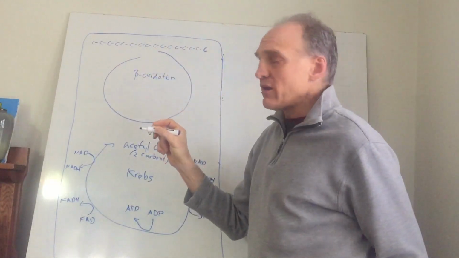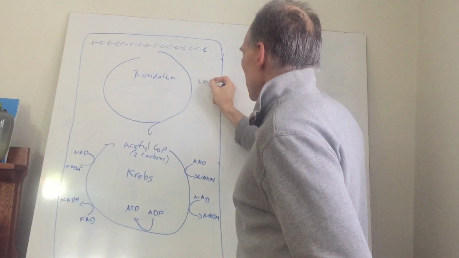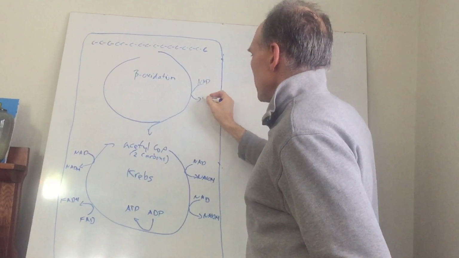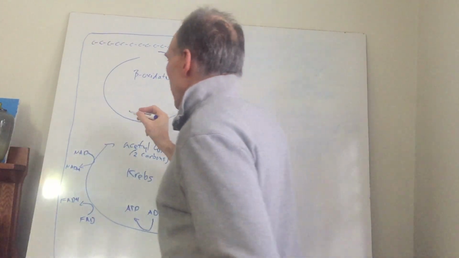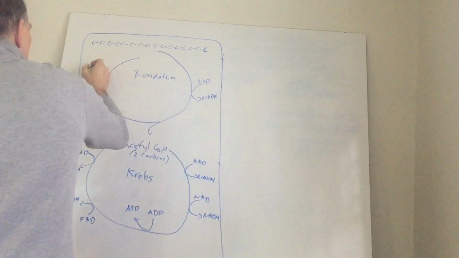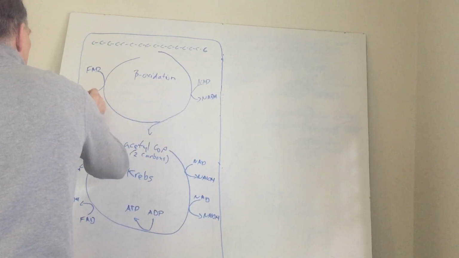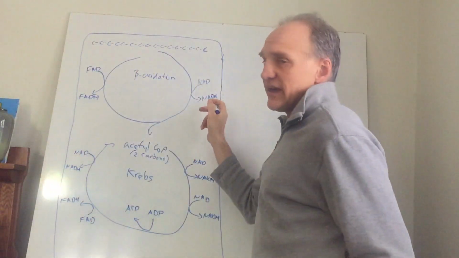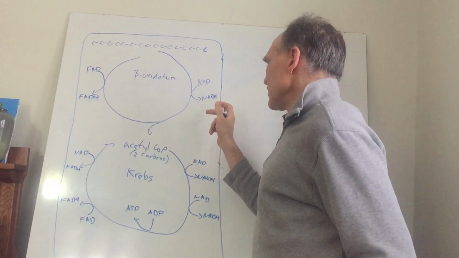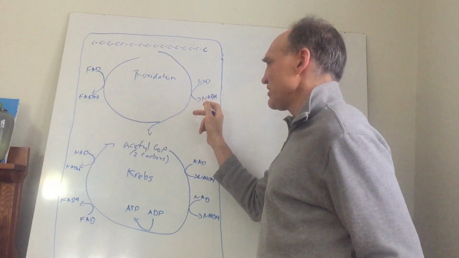And for each round of beta oxidation, you're going to produce one NADH and you're going to produce one FADH. So the NADH again is going to go to the electron transport chain and give you 3 ATPs.